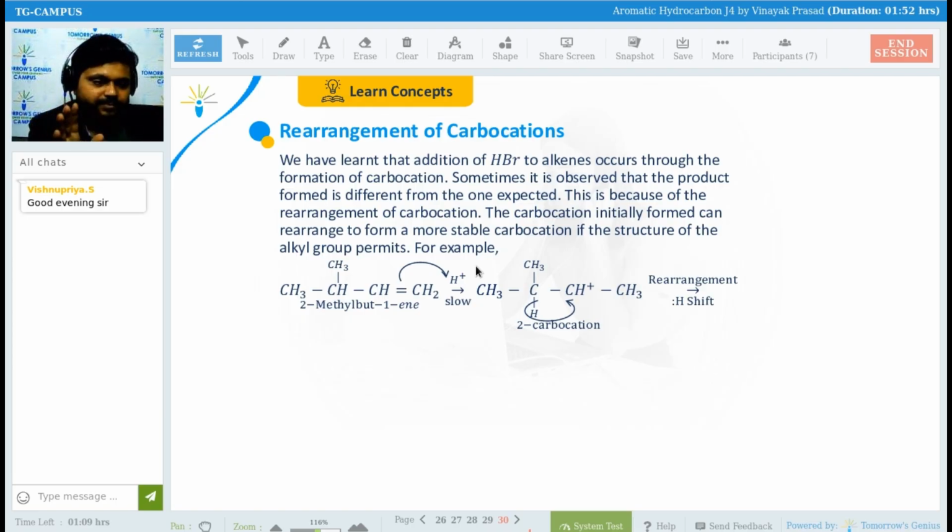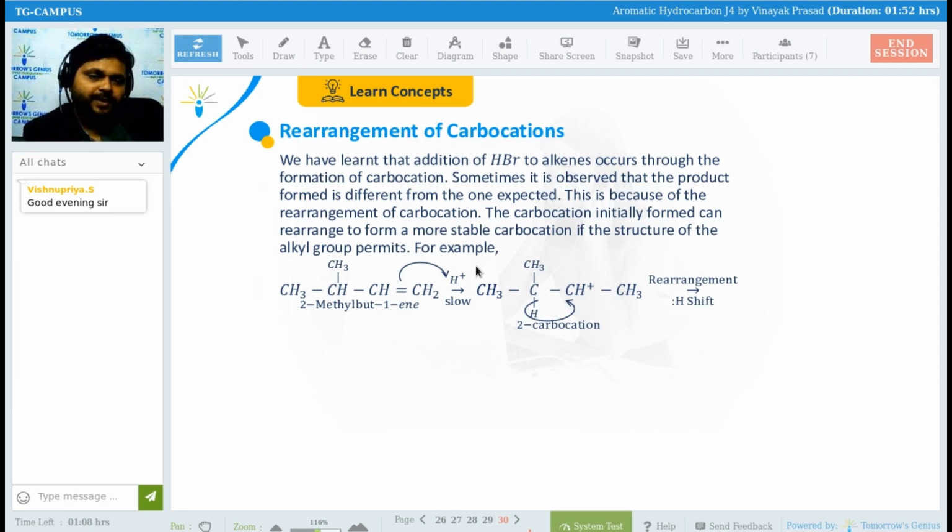They have not been eliminated from the room, but have been shifted to your room, and you have shifted to your brother's or sister's room. So that is what rearrangement has happened there. In a similar way, there will also be a rearrangement in organic chemistry. So how does this happen? See here.